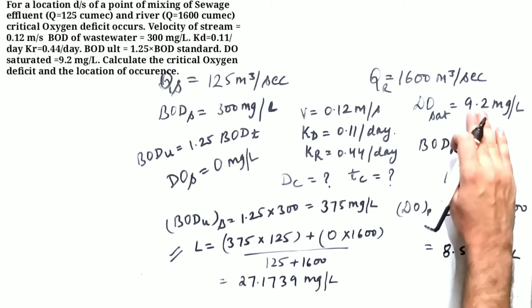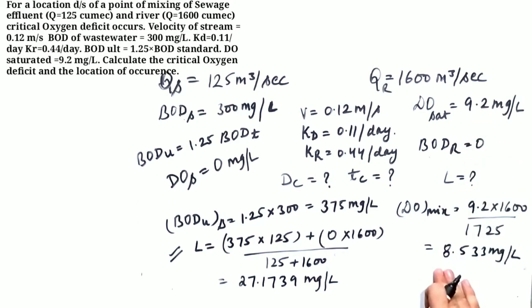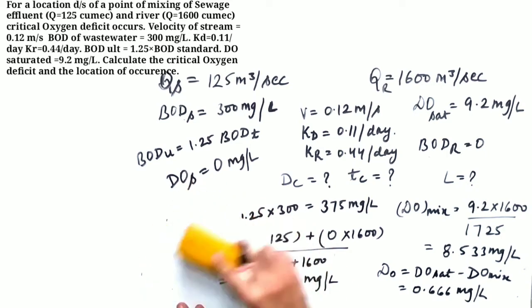The highest dissolved oxygen was 9.2. When we mix it, it gets reduced to 8.533. So what is the dip, D0? You can calculate the dip by DO saturated minus DO mix. This is coming out to be 0.666 milligram per liter. I hope this point is clear to you.